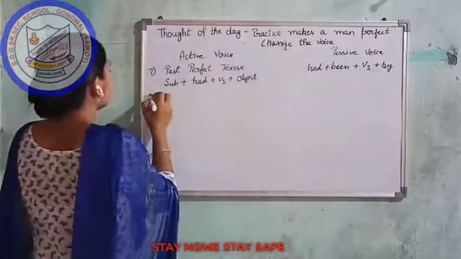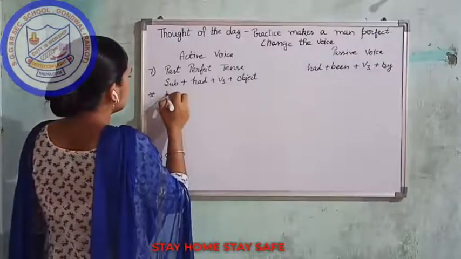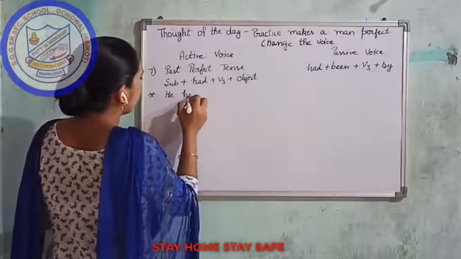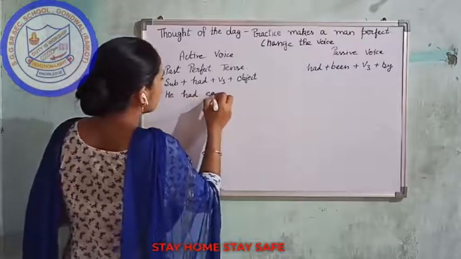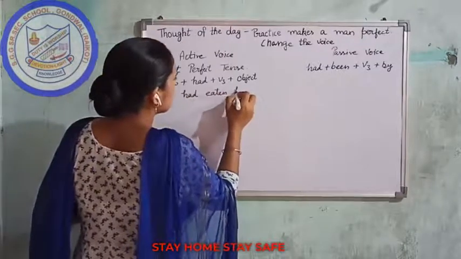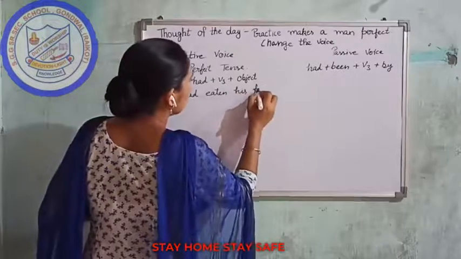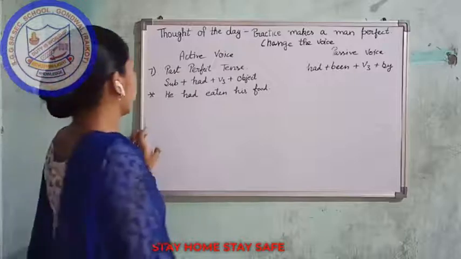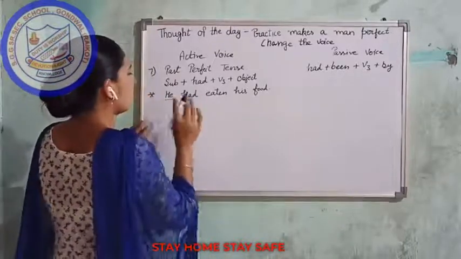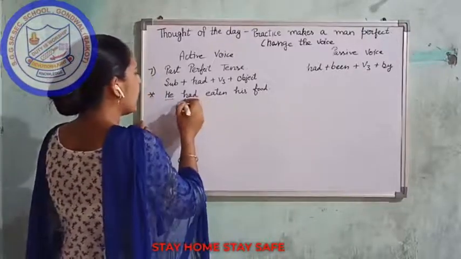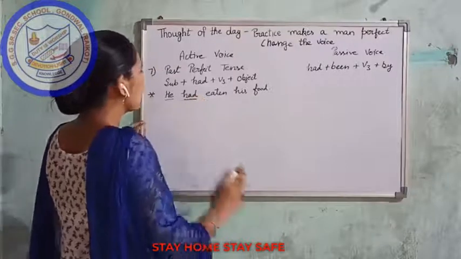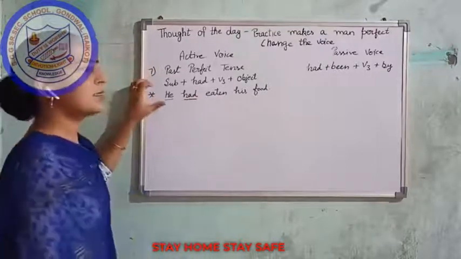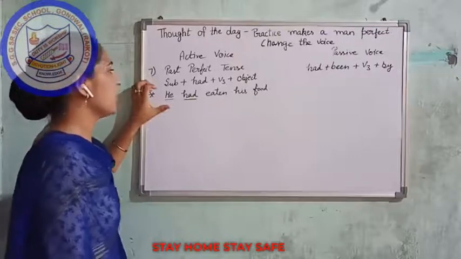Here is an example. He had eaten his food. Got it? Okay. He is singular, and I make use of had. So it does not matter whether the subject is in singular or plural form.